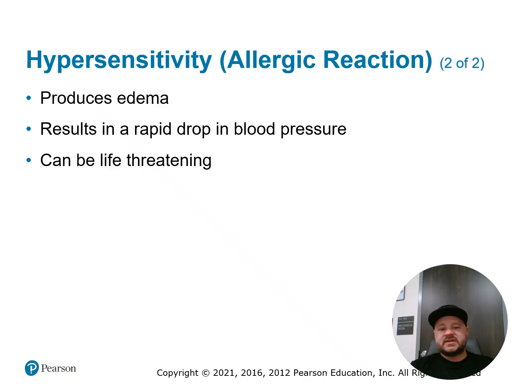It allows fluid to escape. So we will have edema. A lot of times in an allergic reaction, we see that in the tongue or around the mouth or in the hands. It can result in a rapid drop in blood pressure because our vessels are suddenly dilating, and it can be very life-threatening, which is why it's very important for us to identify this early and treat it how we can.